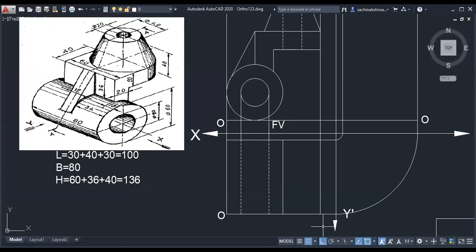what do we have to do next? Middle part. Shall we draw that middle part or shall we draw that rib, triangular shaped rib? What we have to draw?